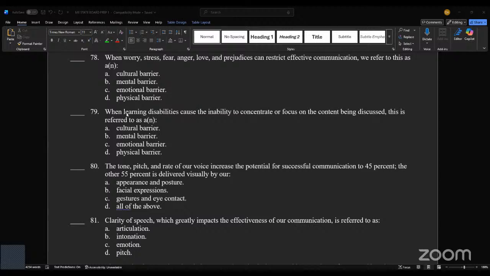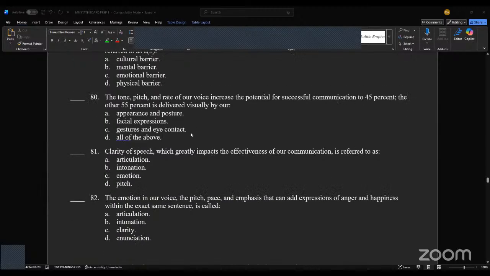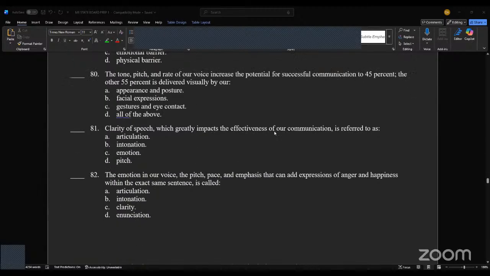The first part of that question has nothing to do with the answer. So that 55% delivered visually is all of the above. 80 is D. 81, clarity of speech, which greatly impacts the effectiveness of our communication, is referred to as A, articulation. 81 is A.